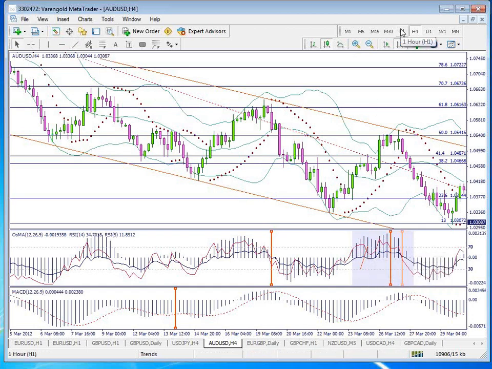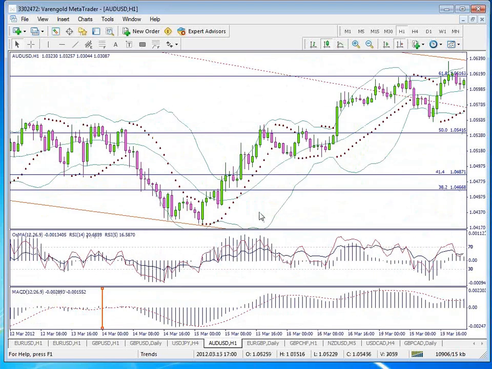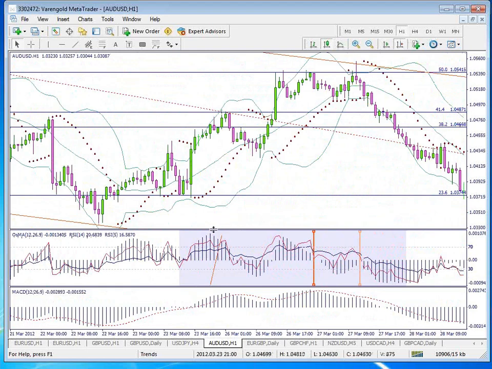And let's go on a smaller time frame. So what I can see here, on the 1 hour time frame, I have a signal for sell that was not confirmed on the 4 hour chart.